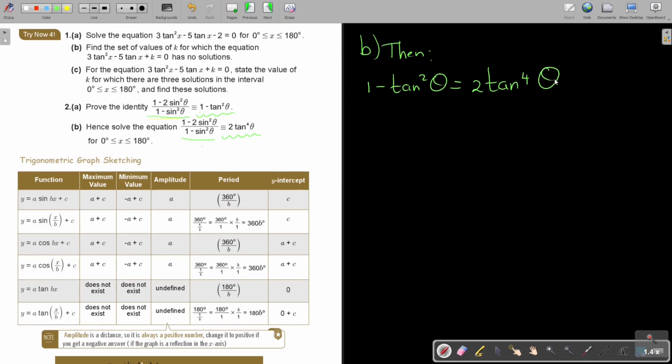Okay, and now I take everything to one side, so I'm going to say 2 tan 4 theta plus tan square theta, and then I'm bringing the 1 over, so minus 1.